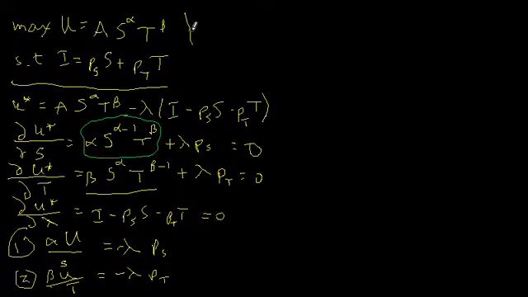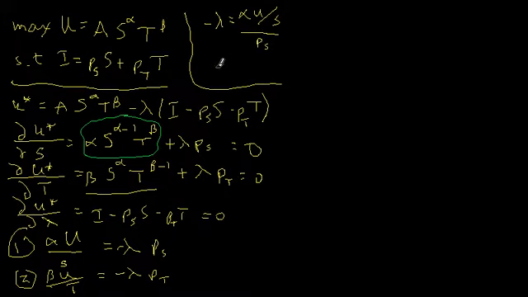So in both cases, minus lambda is equal to alpha U over S divided by PS from equation 1 prime, and lambda here is equal to beta U over T divided by the price of tacos.